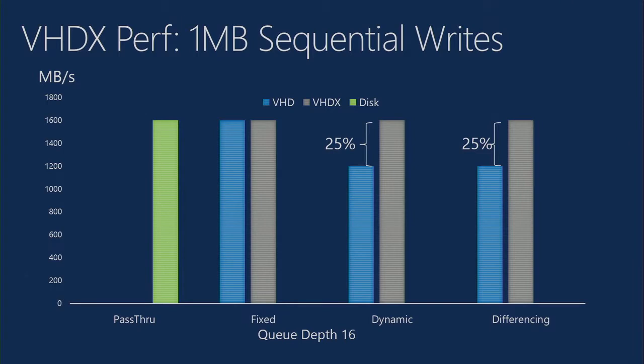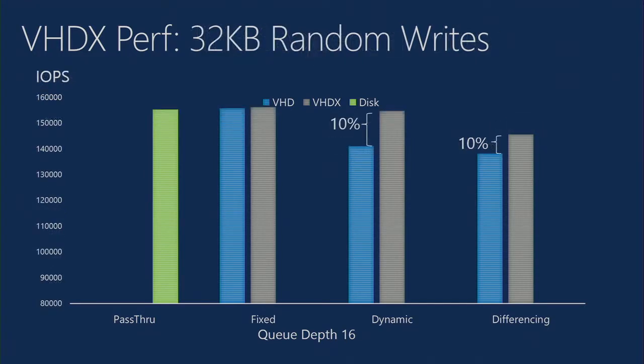You have the option of not using fixed VHDs, but we leave that option to you. In terms of 32K random writes, the dynamic VHDX and the differencing VHDX are about 10% faster than VHDs. Marginal, but it's still better.